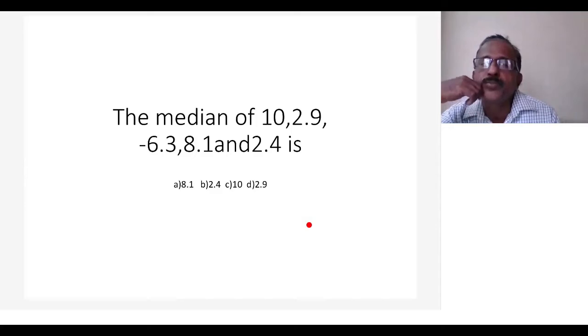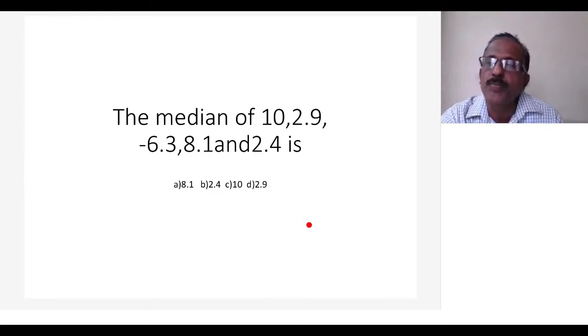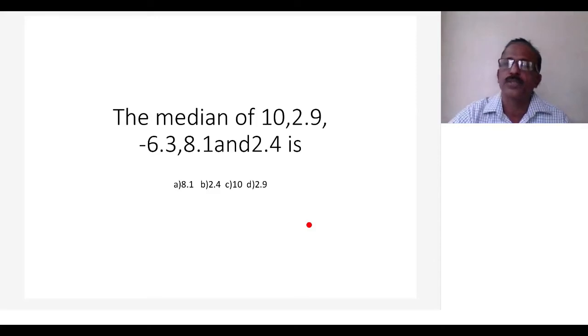The median of these observations is obtained by arranging the given observations into ascending order of magnitude, then selecting the middlemost value. First of all, we arrange the given observations into ascending order of magnitude.